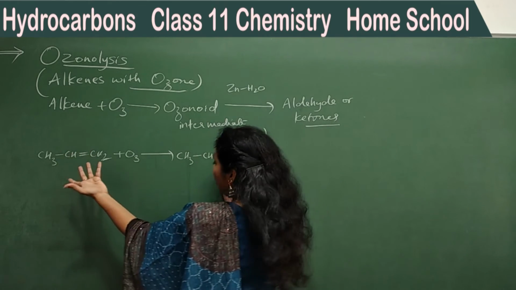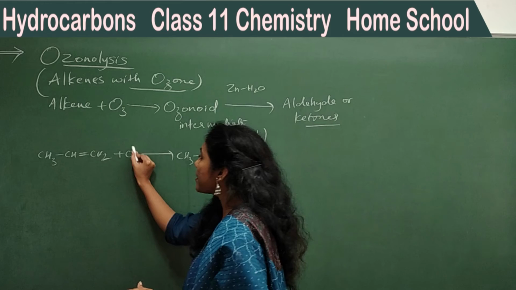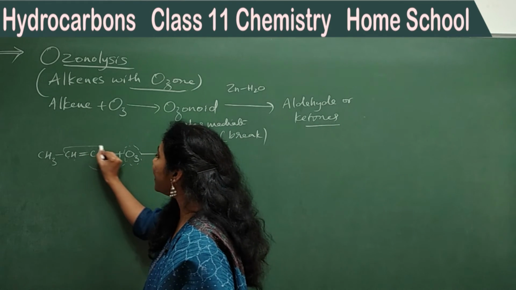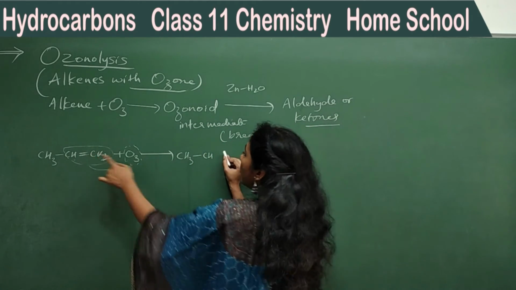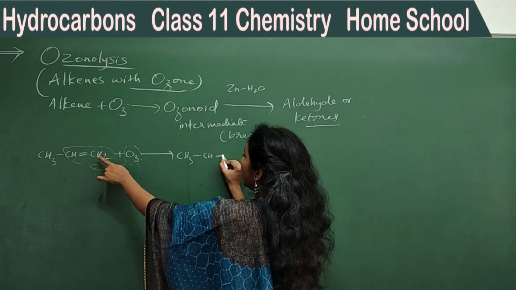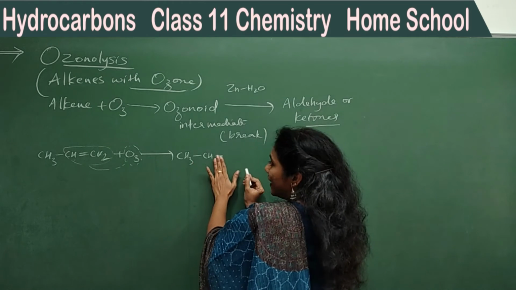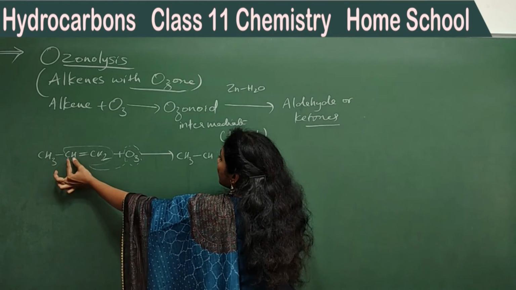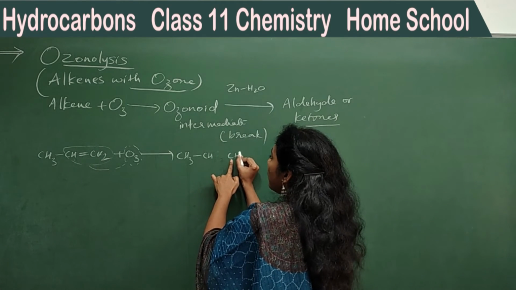The double bond will break down because three oxygen atoms from ozone are getting added to the double bond. When something is added, the double bond becomes a single bond, isn't it? But here three oxygen atoms are added, so you don't have any bond between this carbon and this carbon. So I'm not showing any bond.